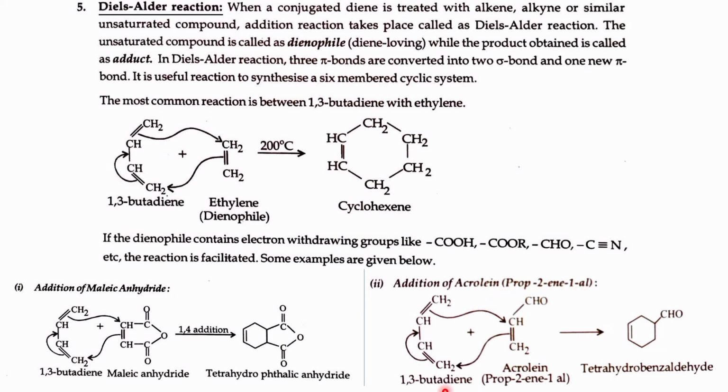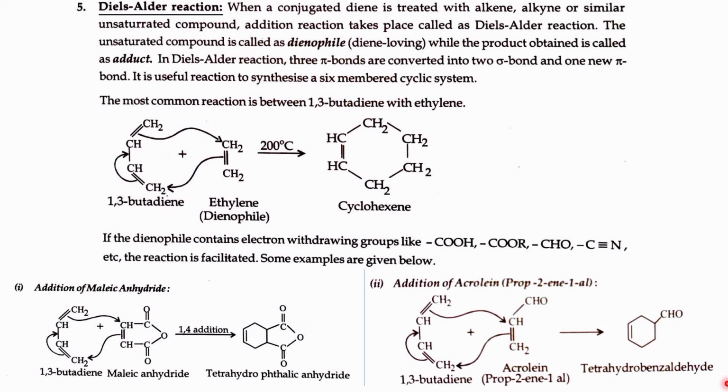In this acrolein we can see this is also a C=C double bond. So one carbon gets attached to the first position and the other carbon attaches to the fourth position of 1,3-butadiene. So the compound which is formed is tetrahydrobenzaldehyde. This type of addition is called the Diels-Alder reaction.